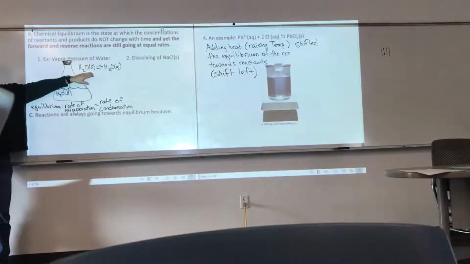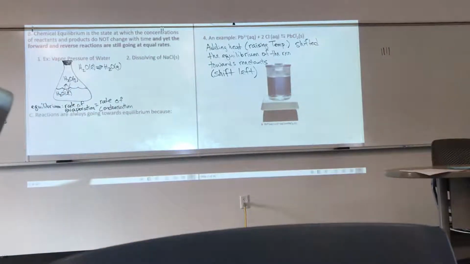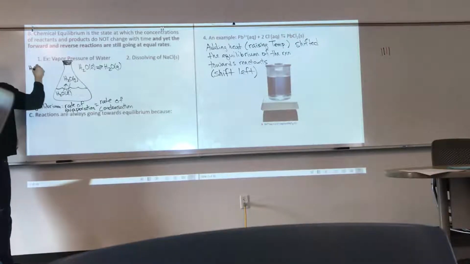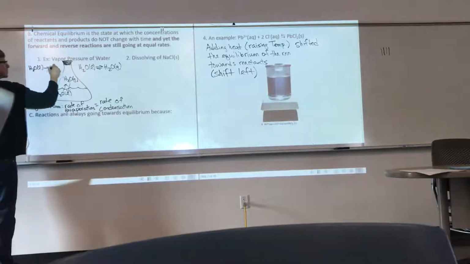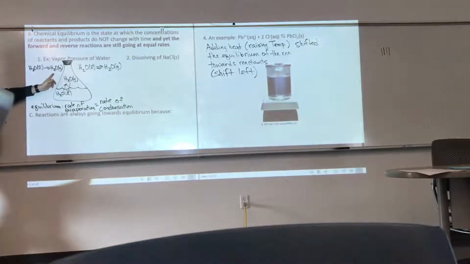And the reaction looks like this. H2O liquid goes to H2O gas. And you could actually write it either way. Sometimes in Chem 400, we were just interested in vaporization, and we had delta H of vaporization.